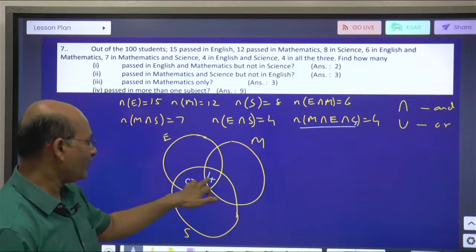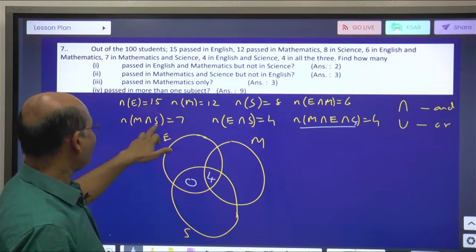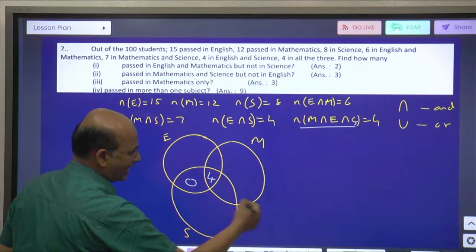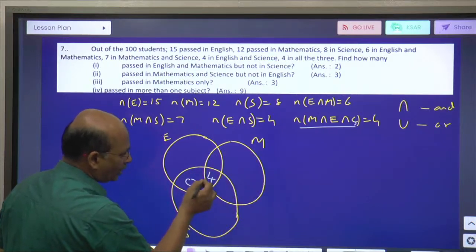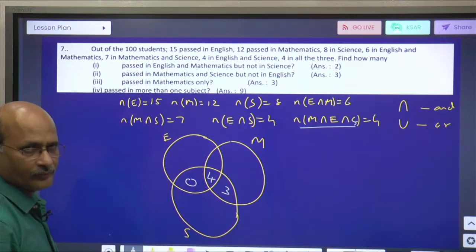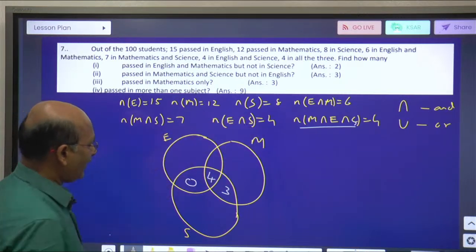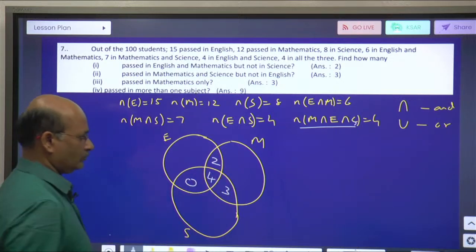Because the 4 is already mentioned, it is common for all 3. Then maths and science is 7. Total common is 7. So out of that 4 is already given, so this will be 3. Okay, pay attention now. Then English and maths is 6. So 4, this is 2.